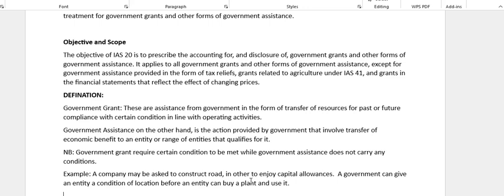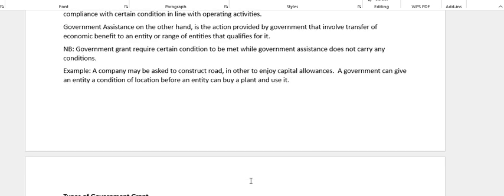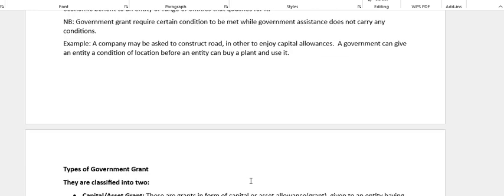So when we're just saying government grant, all that you need to know is that for you to call it a government grant, certain conditions must be met for you to receive that grant as an entity. But if it's assistance, you don't need to meet any conditions, as it were. I hope you understand what we are saying. And so that is that for that.